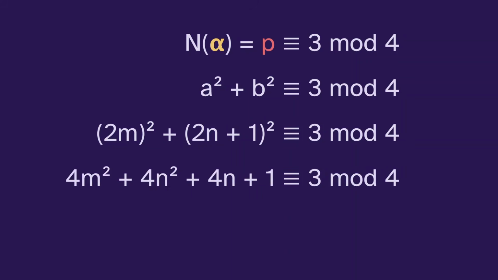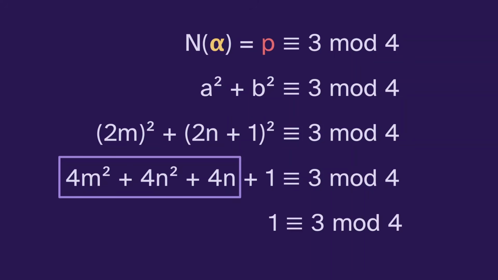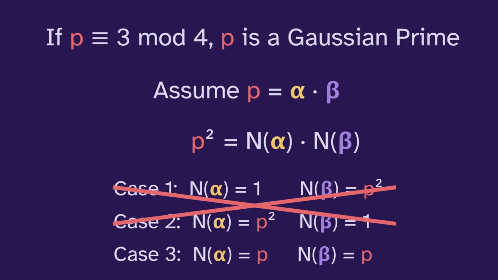Now if we expand that, we see that these 3 terms are all multiples of 4. So that's congruent to 0 mod 4, so we can get rid of them. But now we have 1 is congruent to 3 mod 4, which is not true. We've arrived at a contradiction. And that means that case 3 also failed.